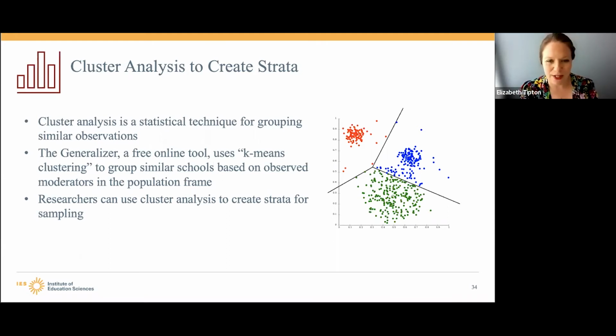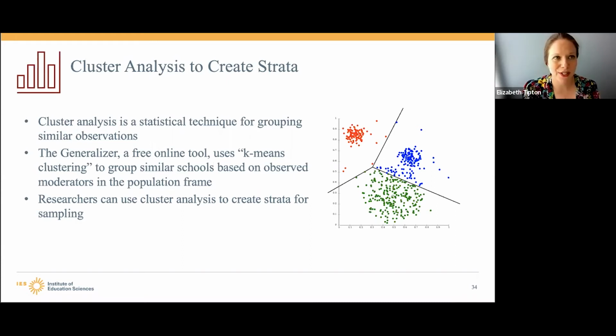On the right, you can see a visualization of what this might look like. The Generalizer, which is a free online tool, uses k-means cluster analysis to group similar schools based on these moderators. And you can use these cluster analysis methods to create strata.